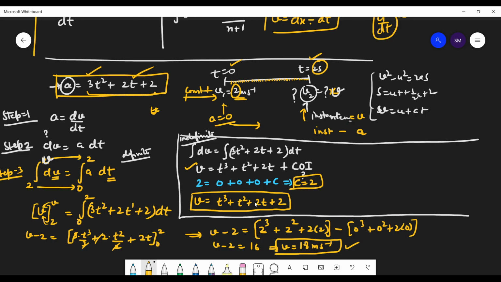Okay. So here also, students, actually at time t is equals to 0, I was a little bit wrong. So at t is equals to 0, acceleration was 2 meter per second square already. It has been considered.